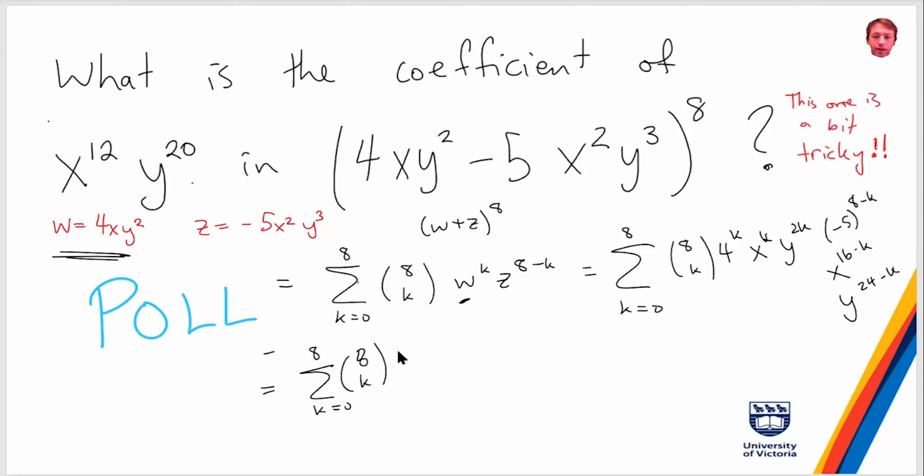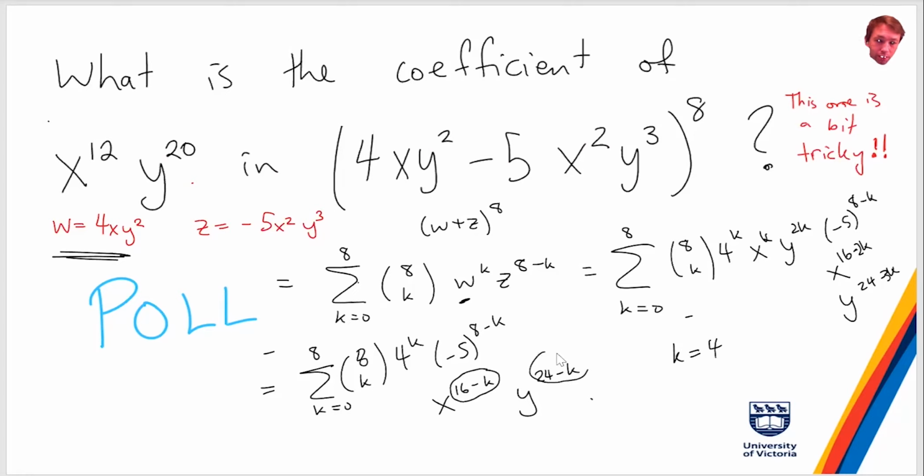I collect the exponents, so I've got 4 to the k, negative 5 to the 8 minus k, x to the 16 minus 2k, y to the 24 minus 3k.